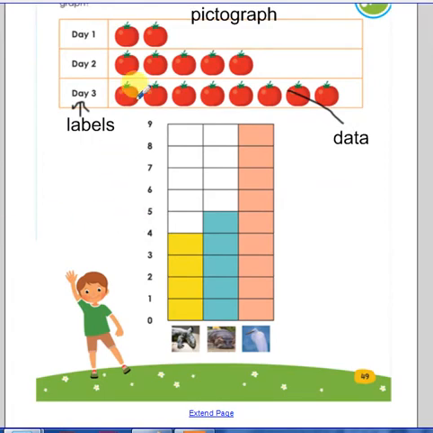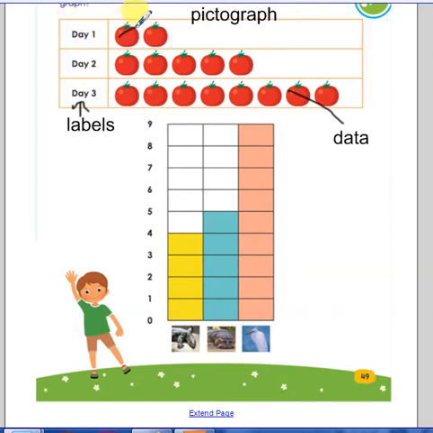So this is pictograph and this is data of pictograph and this is labels of pictograph.